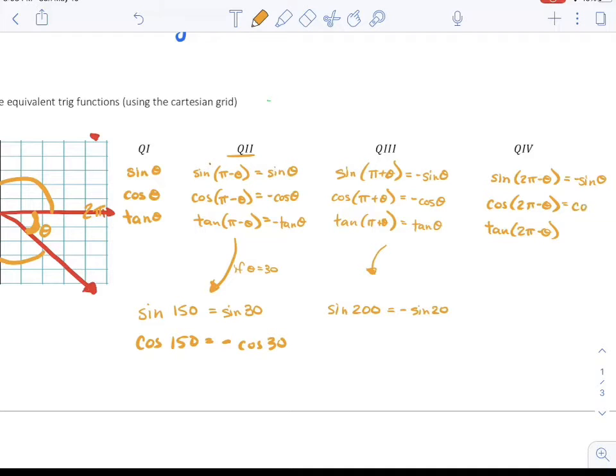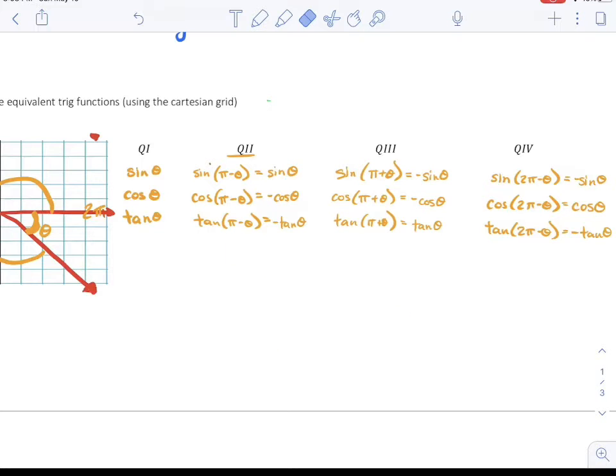Cos is positive, so it's positive cos theta. And tan is negative, negative tan theta. So these are equivalent expressions as well, right? Where theta is some acute angle between 0 and 90. So that's how I can use the grid to come up with some equivalent expressions as well.